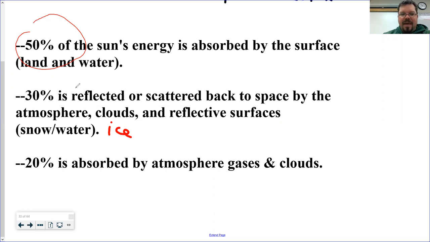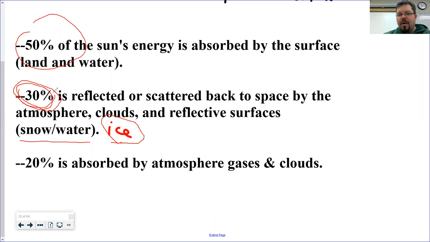All right, and then the other 50%: 30% of it is either reflected or scattered back towards space by the atmosphere, clouds, and reflective surfaces, especially reflective surfaces like snow, water, and ice or glaciers. We talked a little about these positive feedback loops and the idea that snow, water, and glacial ice play a significant role in the maintenance of this number.